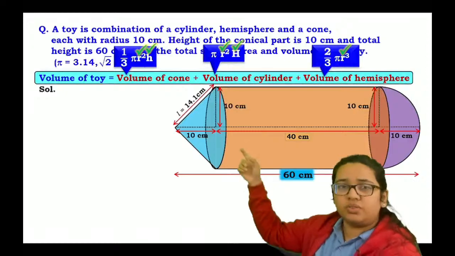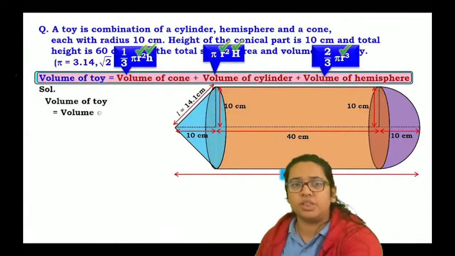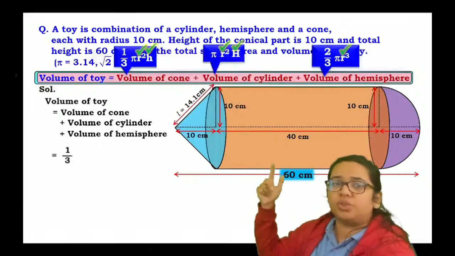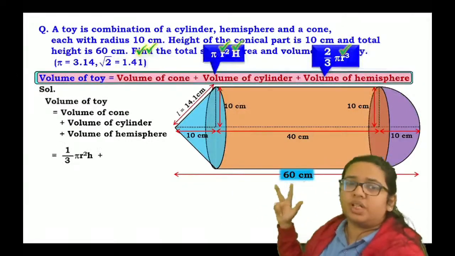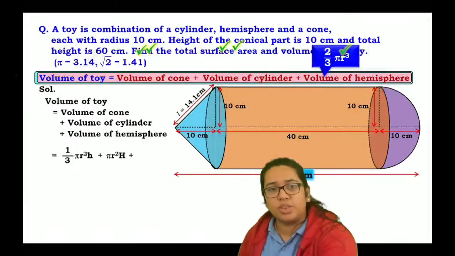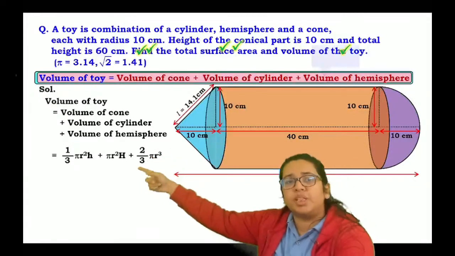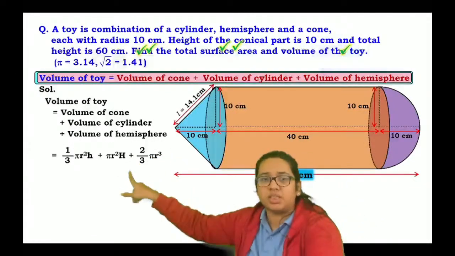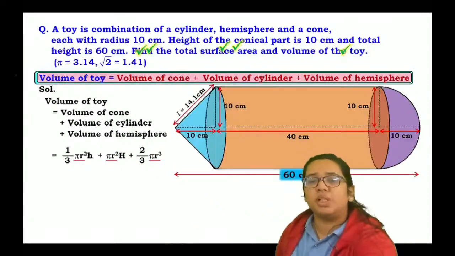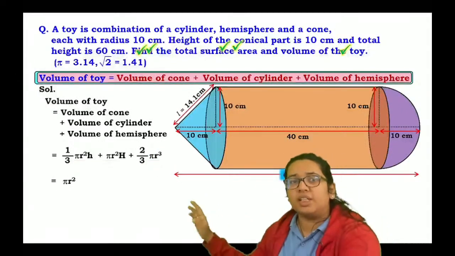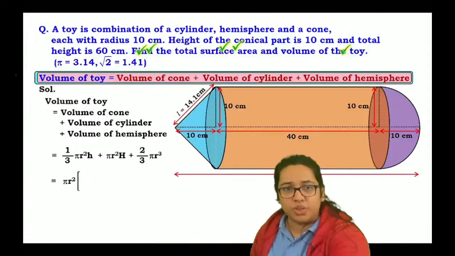Already we have all the values required for finding this. So the volume of the toy is the volume of the cone plus the volume of the cylinder plus the volume of the hemisphere. So the volume of the cone is 1/3 of pi r square h plus the volume of the cylinder will be pi r square h plus the volume of the hemisphere is 2 upon 3 times pi r cube. So again we can take pi r square common from it.